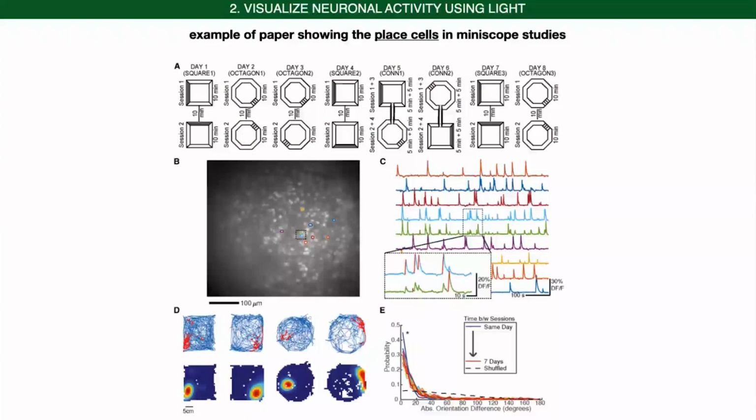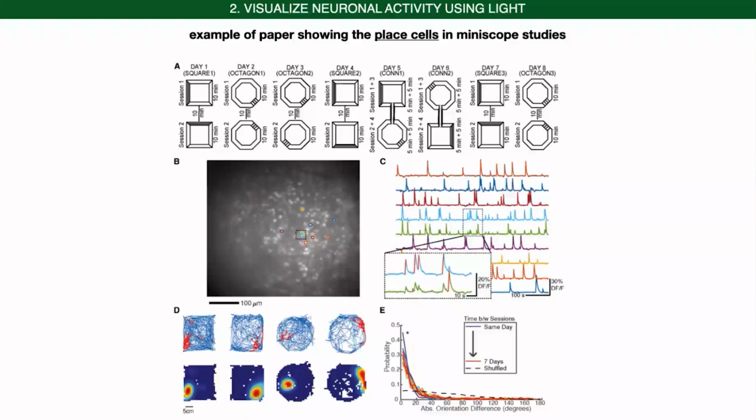For example, calcium imaging with the miniaturized microscope has been used to identify place cells, which are very similar to the head direction cells, but instead of responding to head directionality, they respond to the position in which I am. So in this moment, I will have some place cells that are responding to my position in space. But if I'm moving in some other direction in my room, I will have other place cells that are responding to that position.